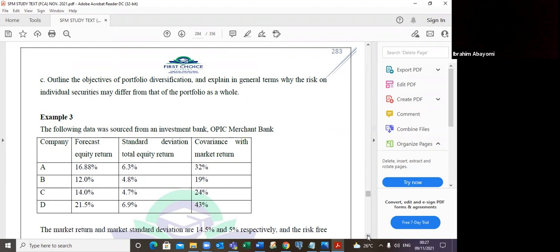We still have some aspects of portfolio that we have not covered: alpha value, and I need to teach you how to compute beta. I will illustrate that using one past question so that it will clear everything on how to compute beta. You can compute beta for shares, you can compute beta for bonds, and that was exactly what I said two days ago. So I need to clear that for you. That's why I'm soliciting for one more class. Okay, thank you.